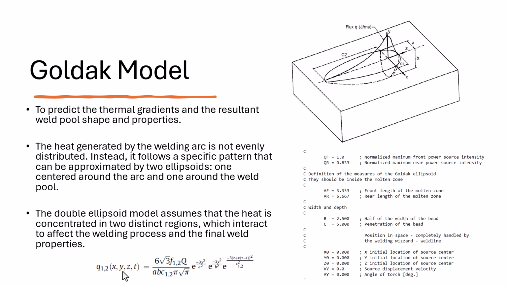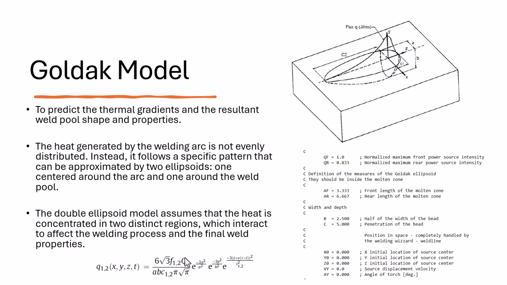So this is the formula of the Goldak model, and we have some terminology here. QF and QR refer to the normalized maximum front and rear power source intensity.